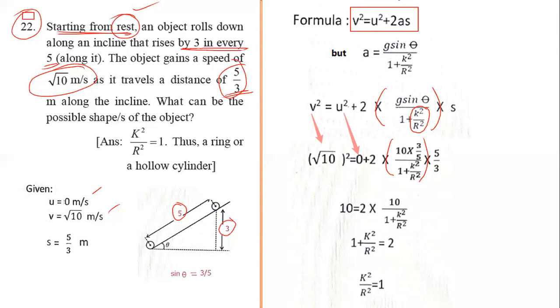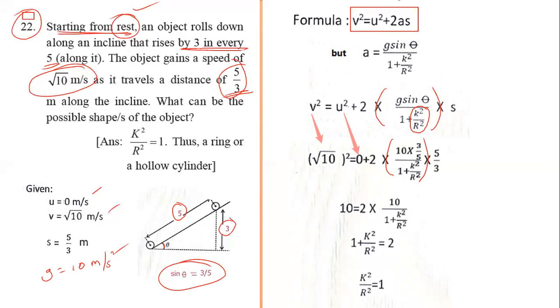We have taken g as 10 meter per second squared. Now g sin θ: sin θ you can see from the diagram. This is θ. Sin θ means opposite side upon hypotenuse, means 3 by 5. So g sin θ divided by 1 plus k² by r², into 5 by 3.